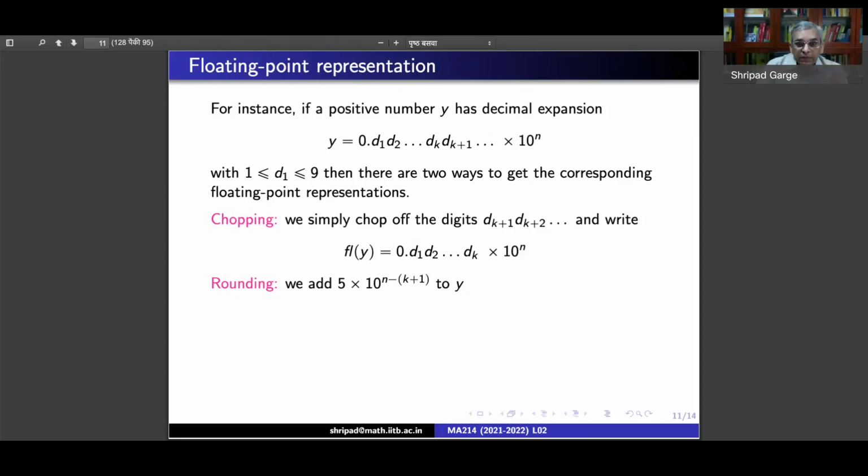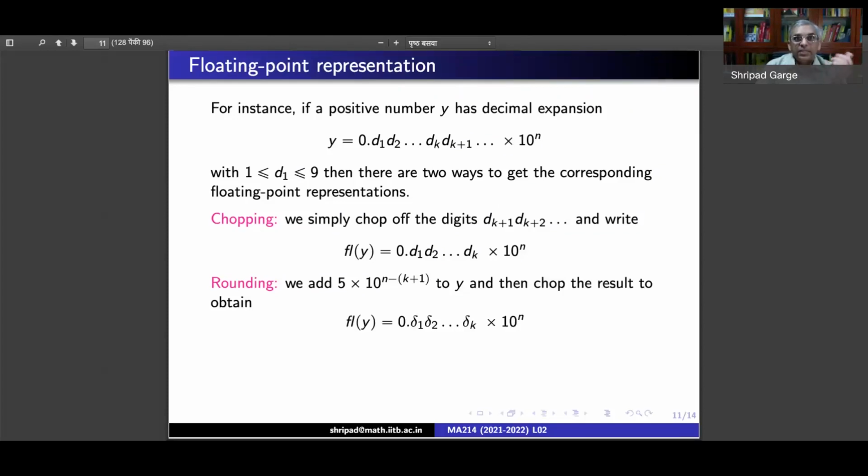We add 5 times 10 power n minus k minus 1 to y, and after having added this number to y, we chop the result to obtain the floating point representation 0.delta1 delta2 up to deltak times 10 power n. This is what we are going to do. So this is the way we write our numbers, and once you have done this, it is quite likely that your n may also change. You will have to worry about it and find examples where this will happen.